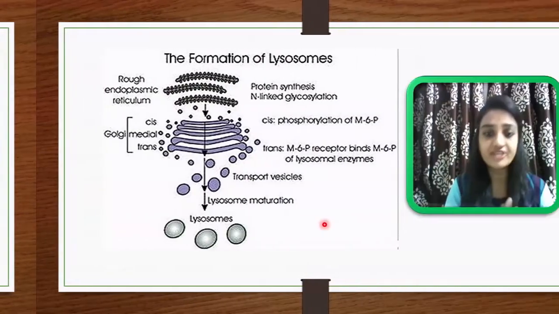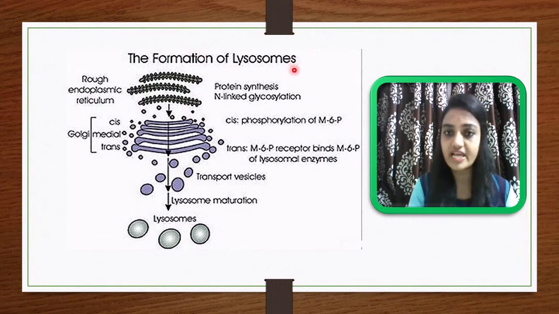Now, let me try to understand the formation of a lysosome, how a lysosome is formed. Here you can see this is the rough endoplasmic reticulum. From the rough endoplasmic reticulum, some granules of protein will be passed using a transport vesicle, and the cis region will receive it. Then some processing will occur inside the Golgi apparatus.